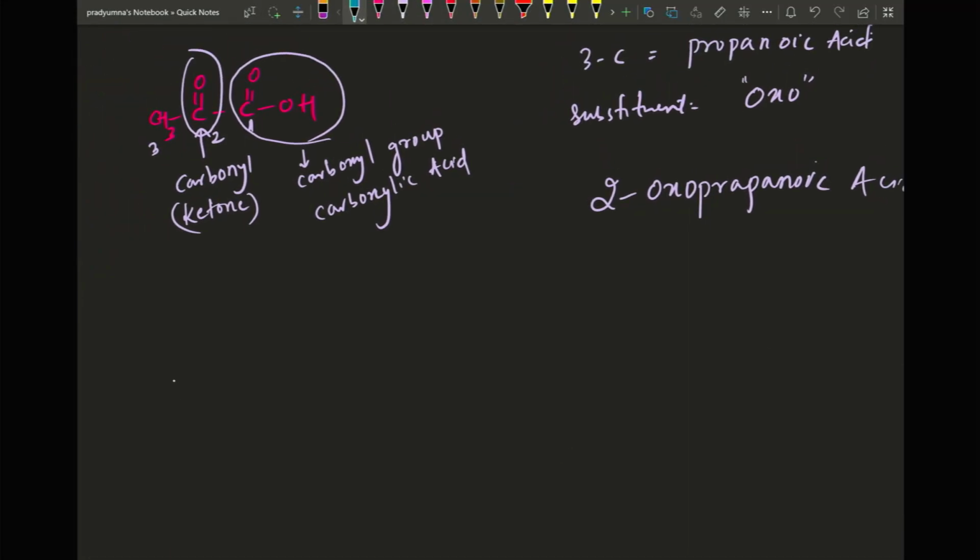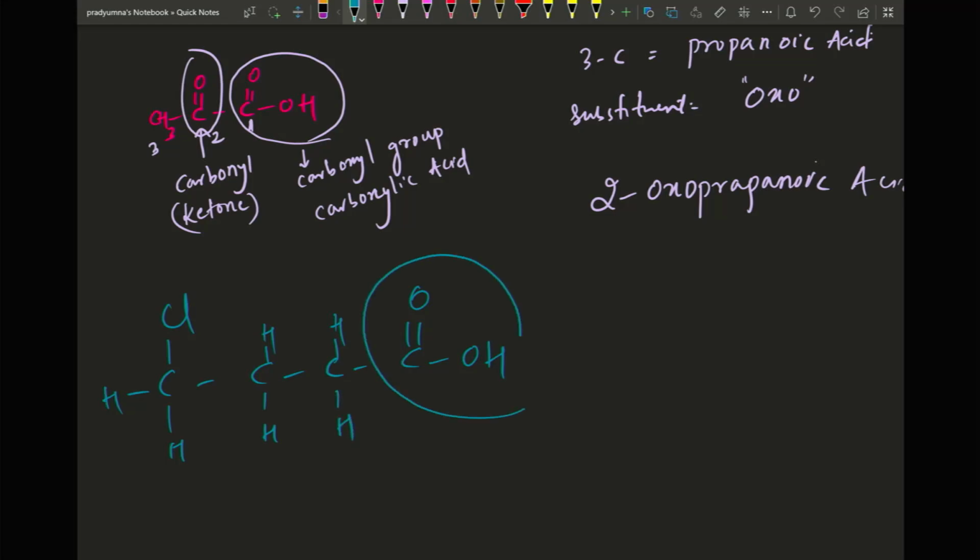How about this one? C, C, C, C. This is also a carboxylic acid. We have 4 carbon atoms, so it's butane. The last E is replaced by oic acid, so butanoic acid.